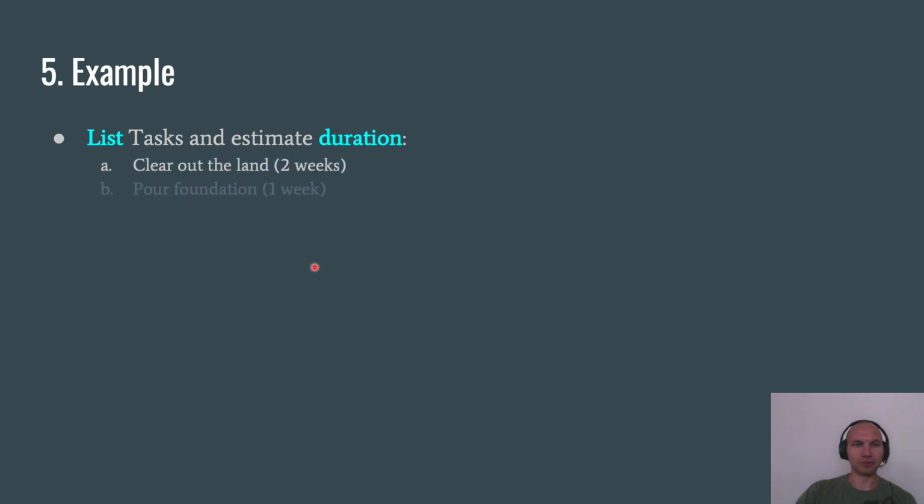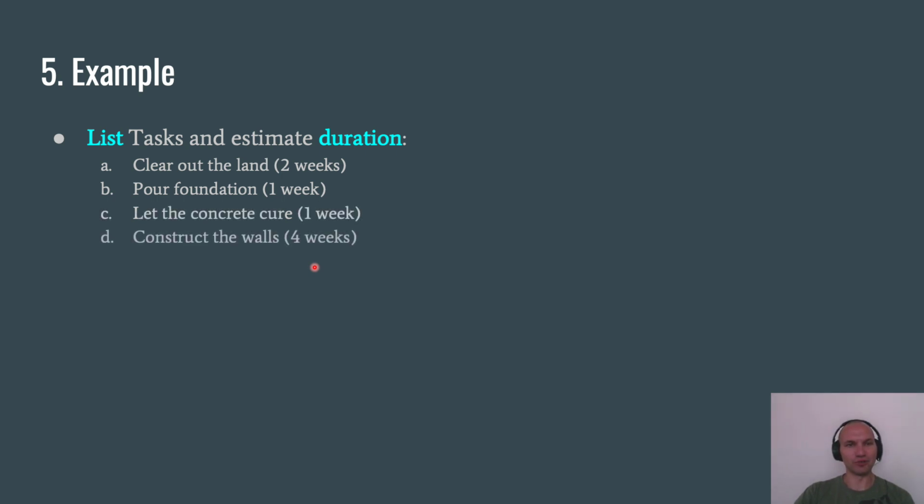So first thing that we're going to do is we'll clear out the land, which we think is going to take about 2 weeks. Then we'll pour the foundation, and then we need to let the concrete cure, and no matter how hard you're looking at it, just like a pot of boiling water, it's not going to cure any quicker. So we'll wait for it to cure for a week, and then we'll put up the walls.